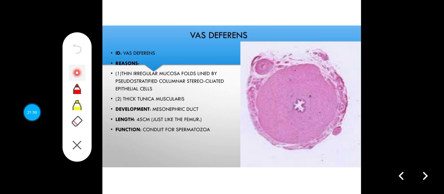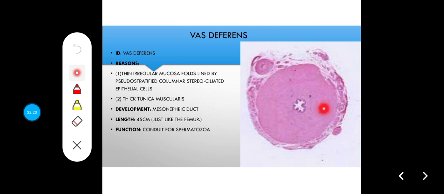The reasons for identifying the vas deferens are the tiny lumen, the thin irregular mucosal folds lined by pseudostratified epithelium, and then a thick muscular layer.